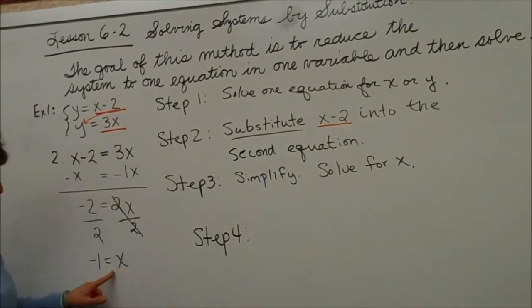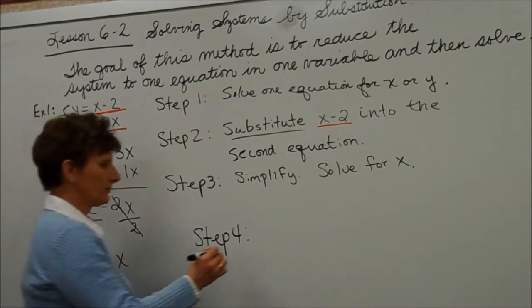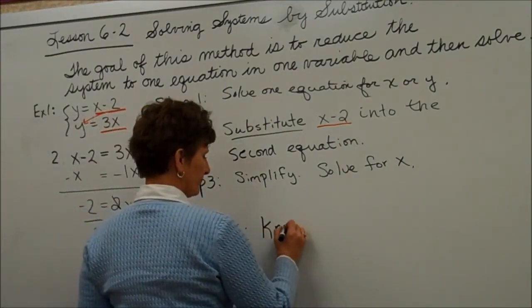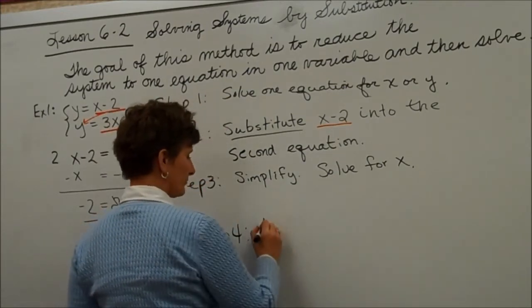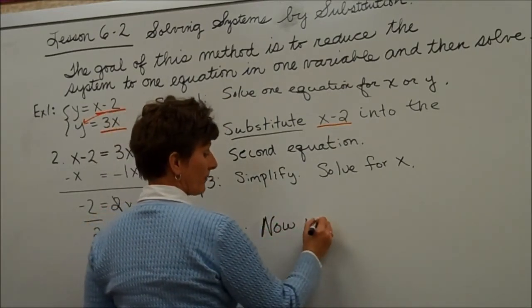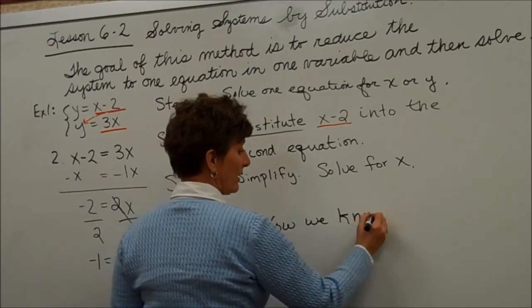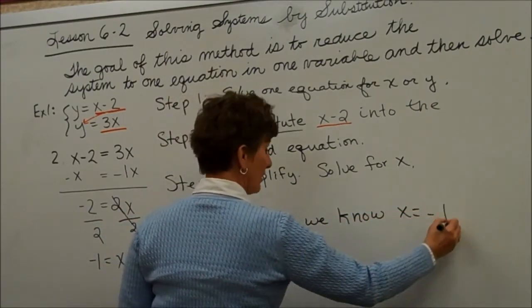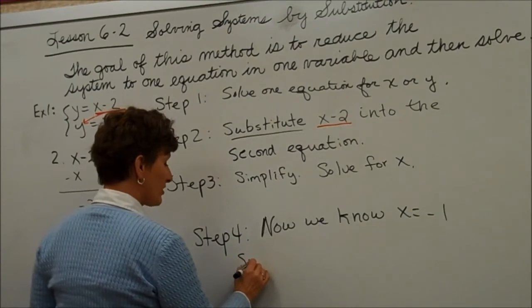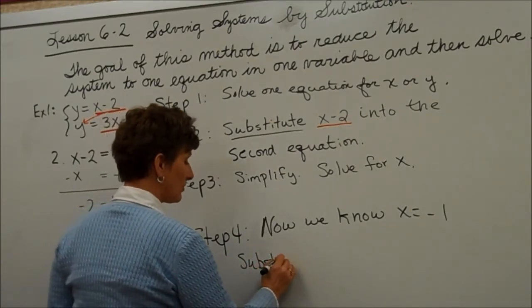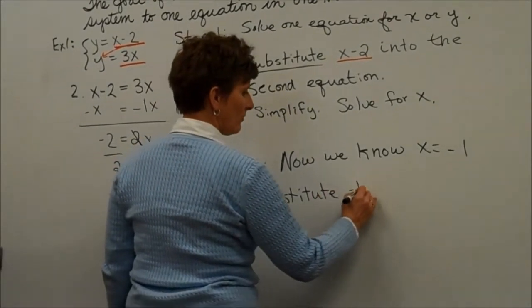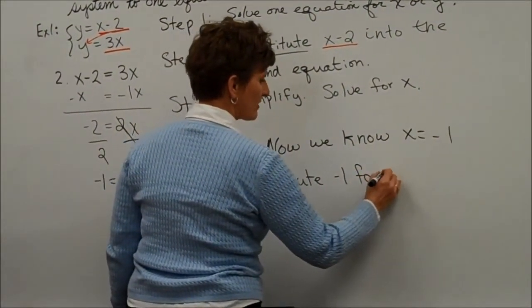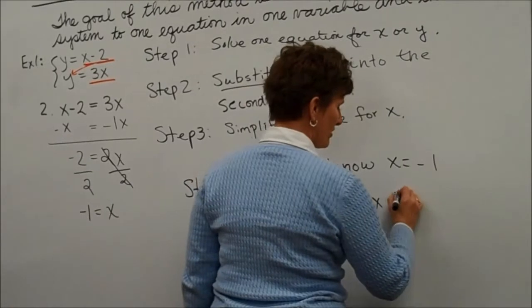Step 4, now we know our value for x. We're going to substitute negative 1 for x in one of the equations.